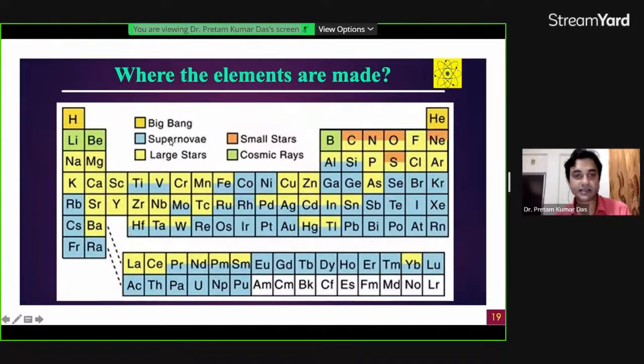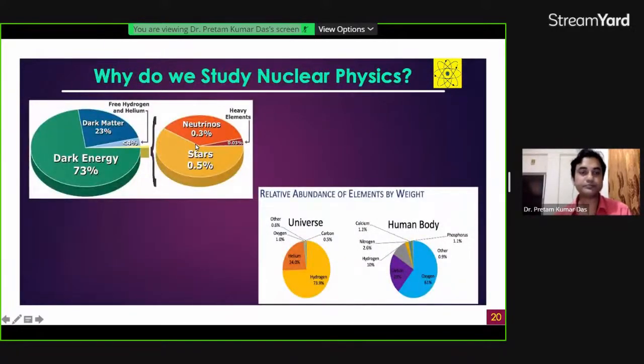You can get carbon, nitrogen, oxygen in small stars, and in the last stage a star gives up to iron by fusion. But the heavier elements, most of them are formed after the supernova.